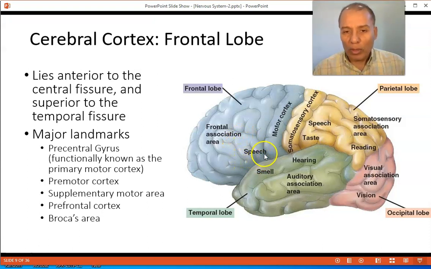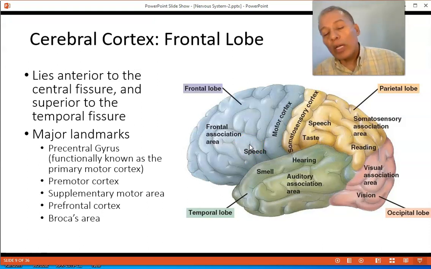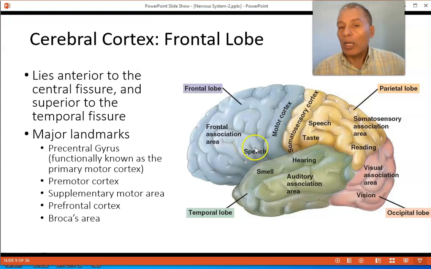Put them together like this, and that makes Broca's area. Broca's area is only found inside of the left hemisphere. Even though there is a mirror image of it in the right hemisphere, we don't call that Broca's. We only call it Broca's when the area is in the left hemisphere.